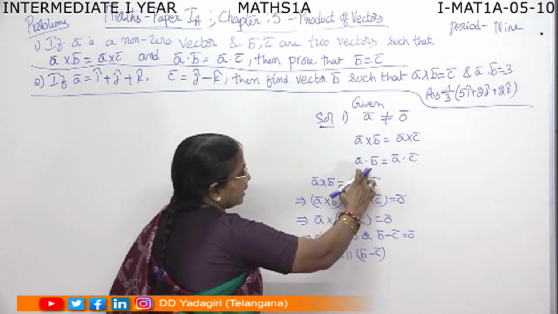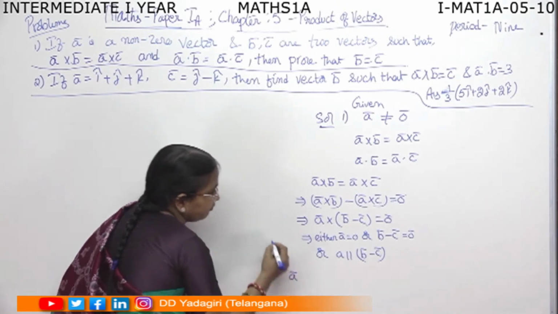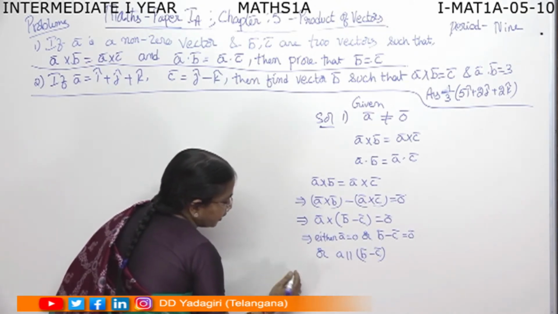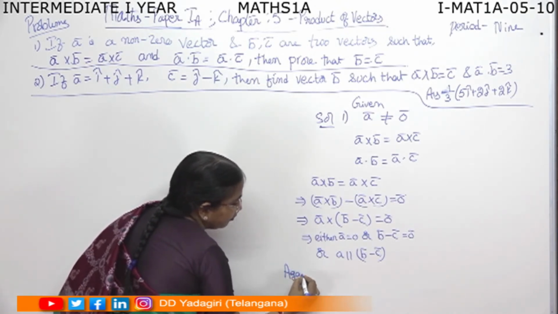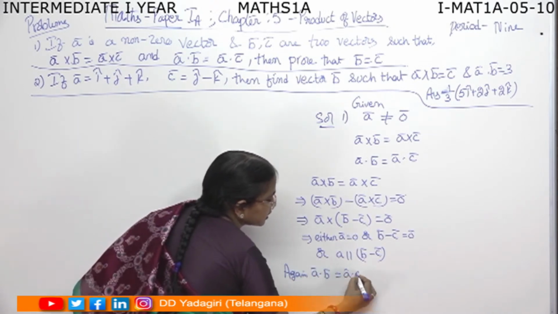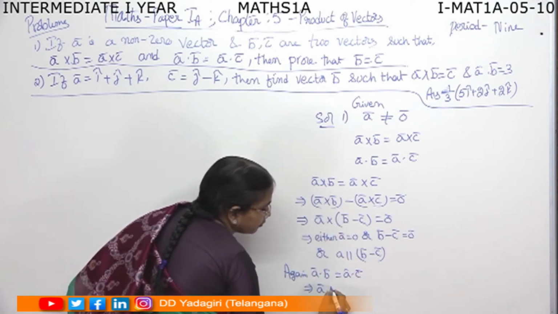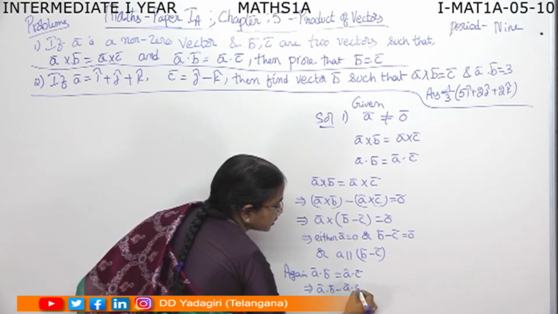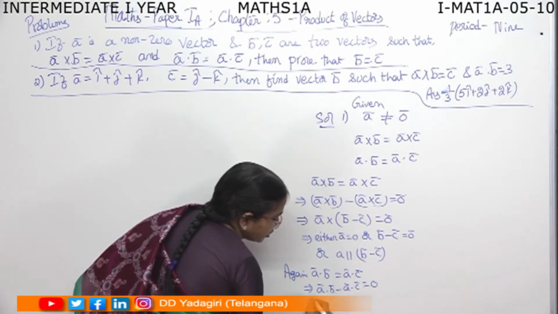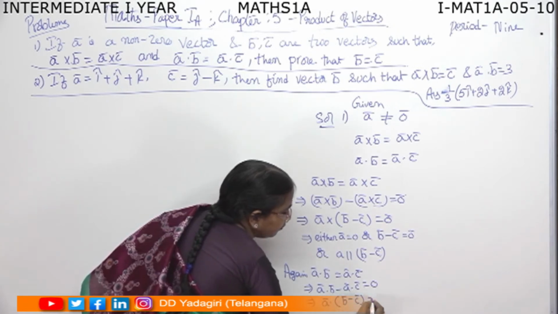Now we'll take this. A dot B is equal to A dot C is given. In the same manner, when we simplify, it is A dot B minus A dot C is equal to 0. So it is A dot of B minus C is equal to 0.